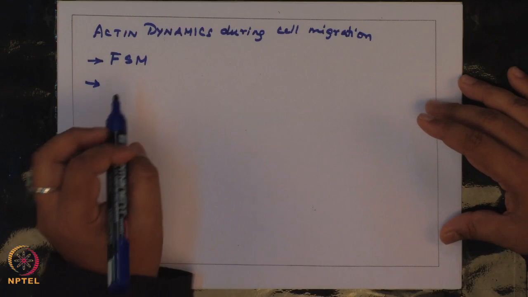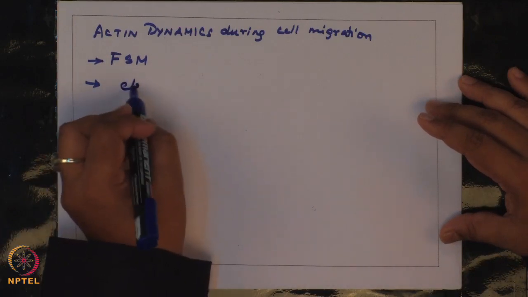And in this regard, we were discussing a paper where fluorescent speckle microscopy was performed to track or quantify actin monomers movement during migration. Based on that, the authors used epithelial cells.